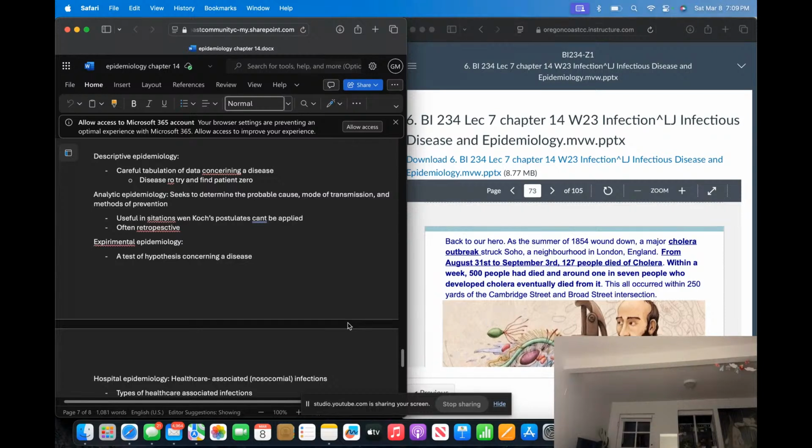I'm almost done. I'm on chapter page 7. It's very small.